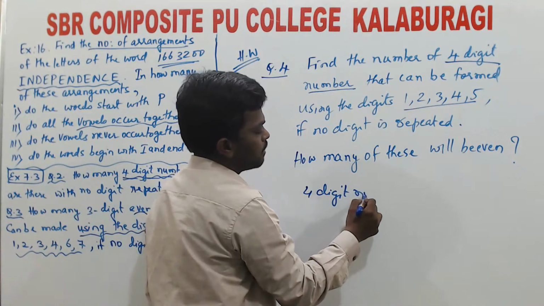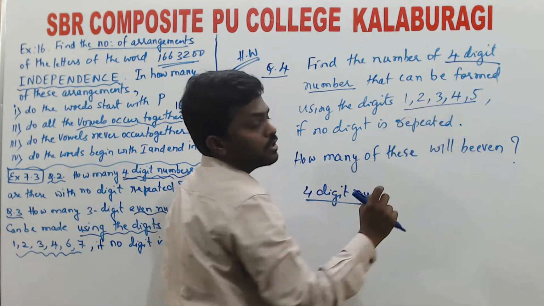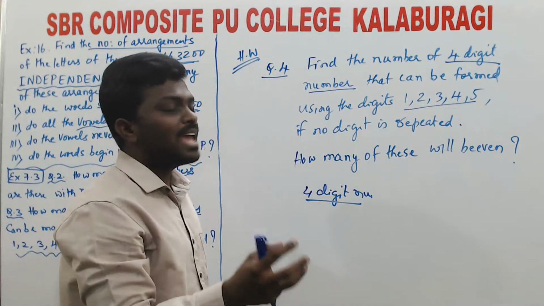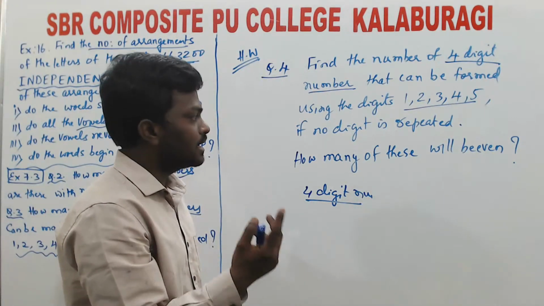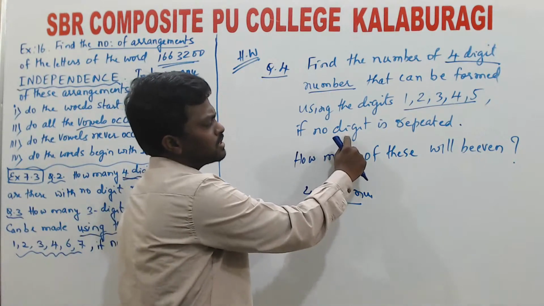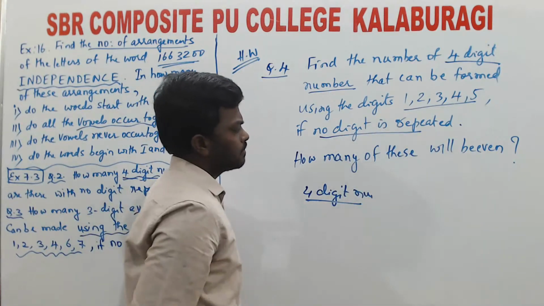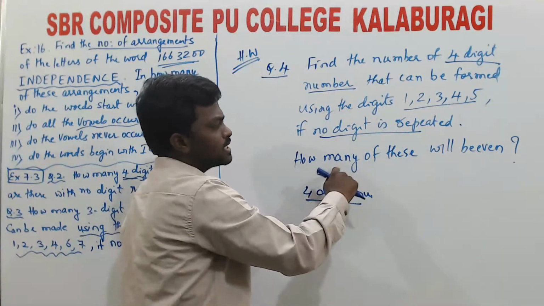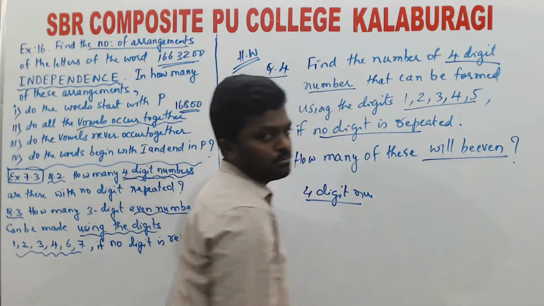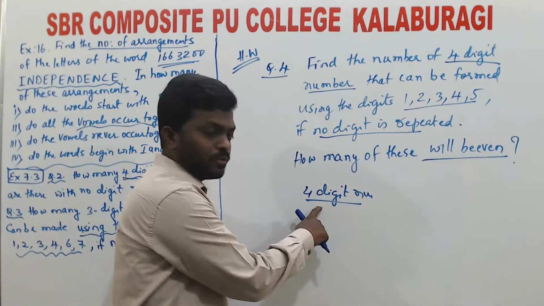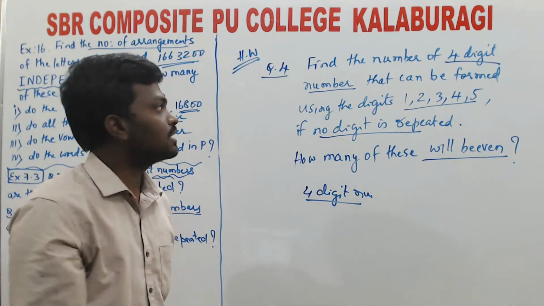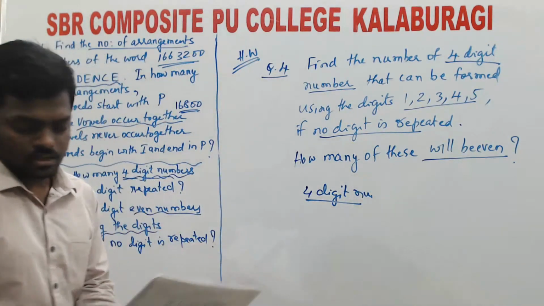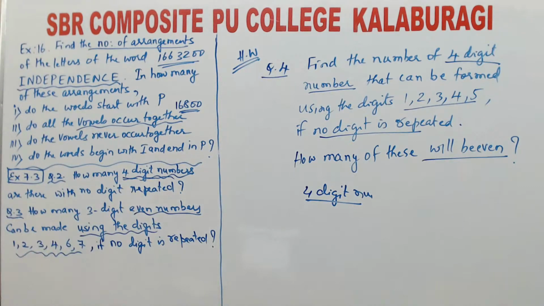They have given you 5 digits, and you have to make a 4-digit number, and no digit is repeated. And how many among these are even numbers? You have to form a 4-digit even number also. Is that clear? So solve this as homework. Take down the question, students.